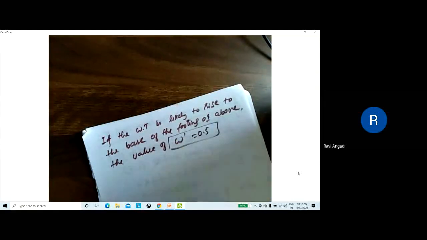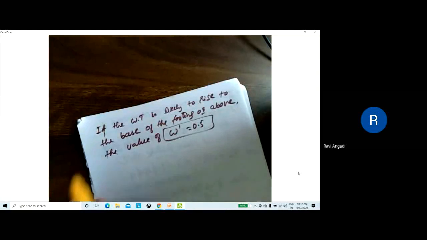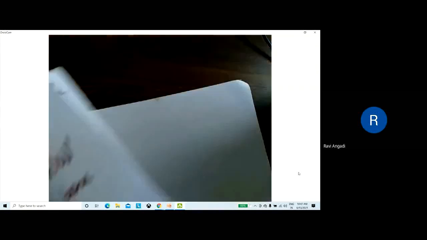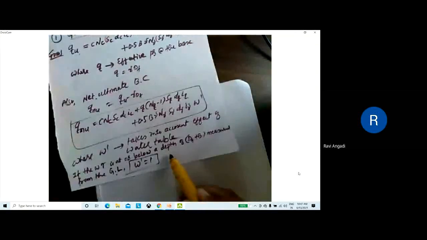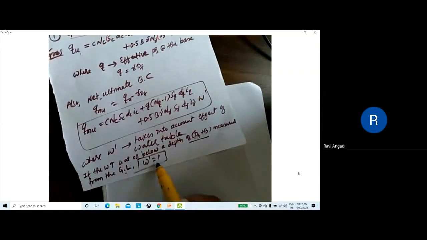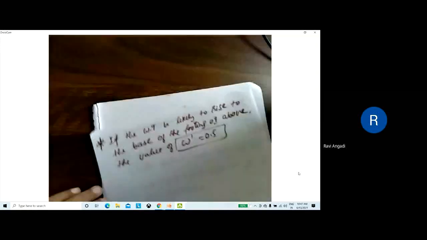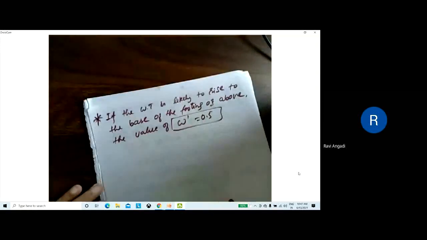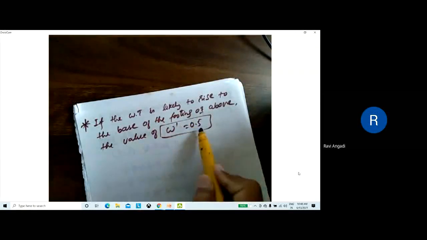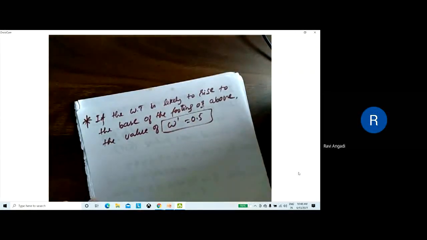It is to be taken as 0.5. So remember, these are the conditions. First condition: if it is at a depth equal to or greater than Df plus B measured from the ground level, W dash is equal to 1. If it is likely to rise to the base or above the base, W dash is to be taken as 0.5.